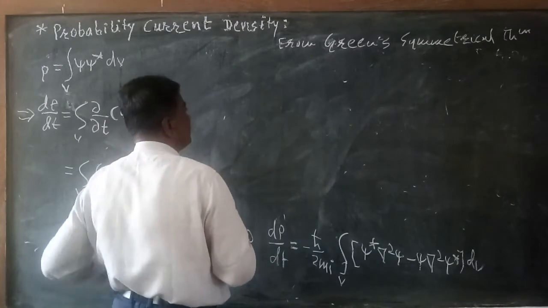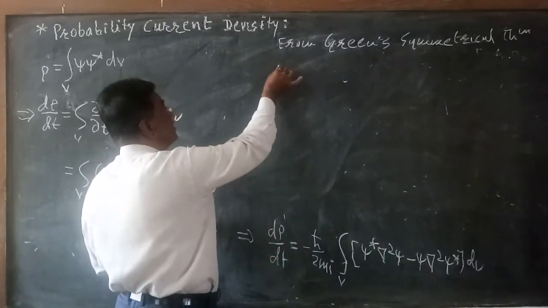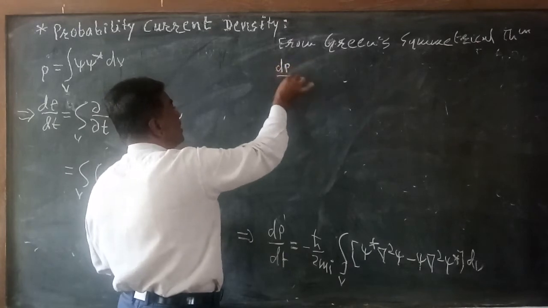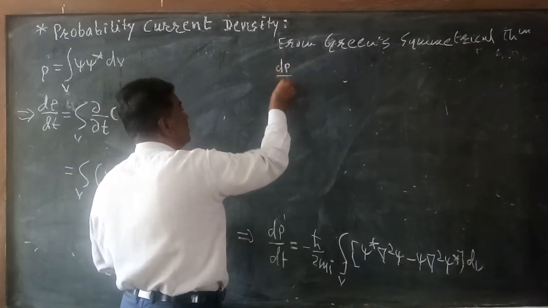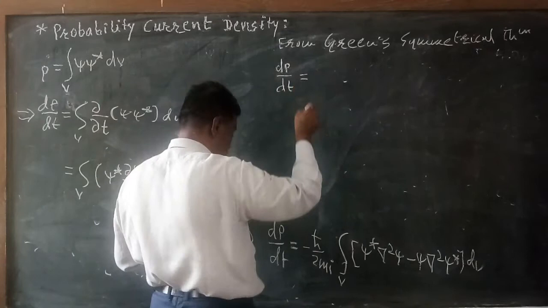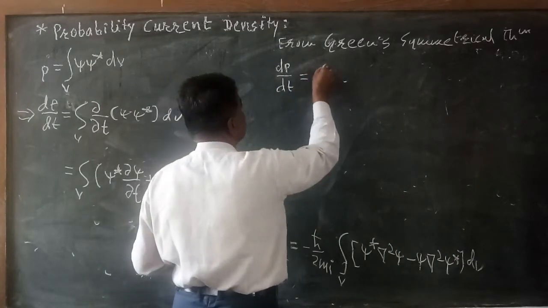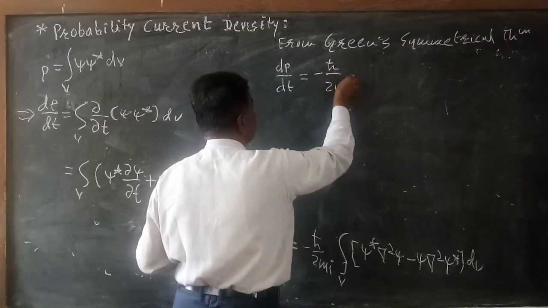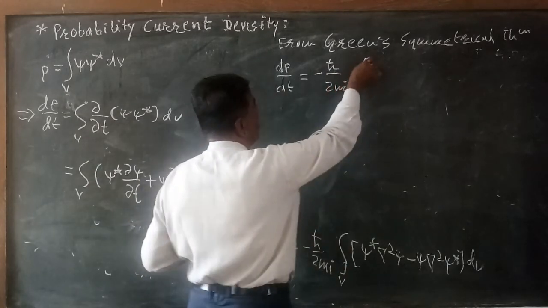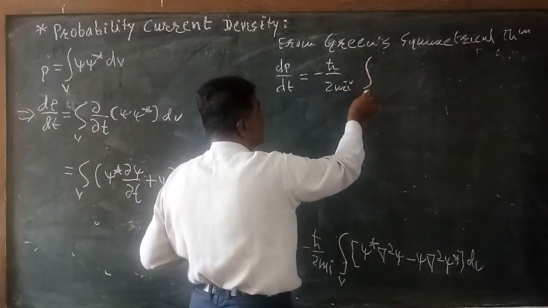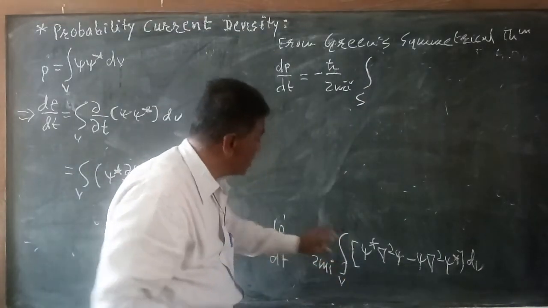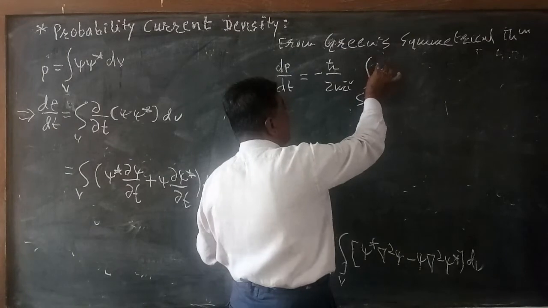We are getting dP by dt, the rate of change, equal to minus h cross divided by 2m i, kept as it is, and this volume integral can be considered as a surface integral now. The middle term is kept as it is.